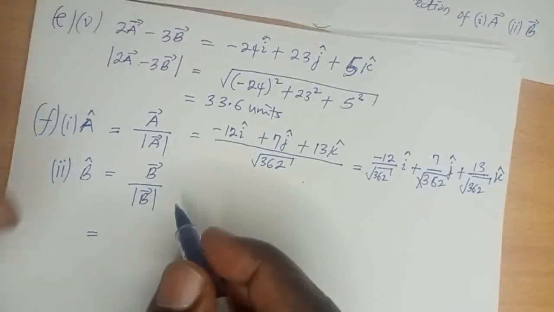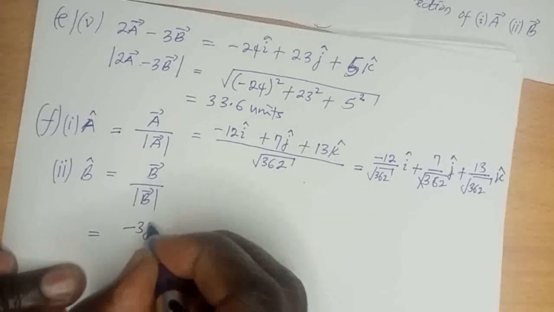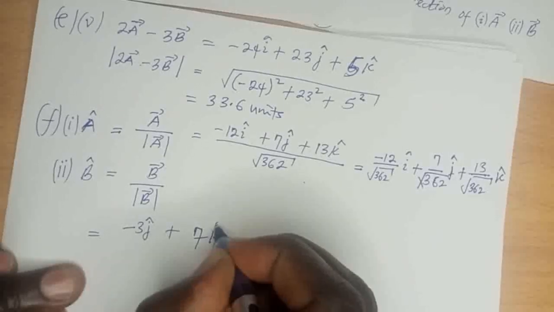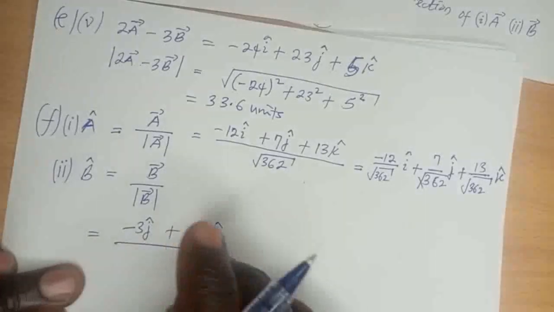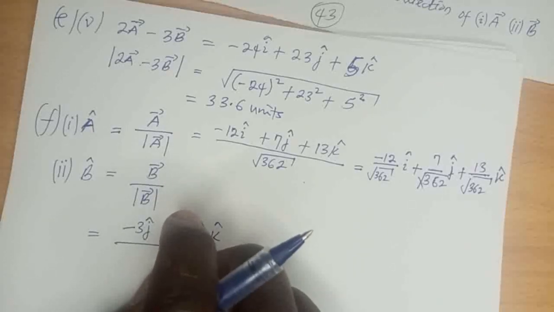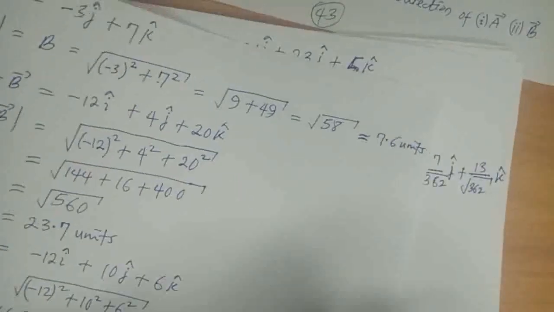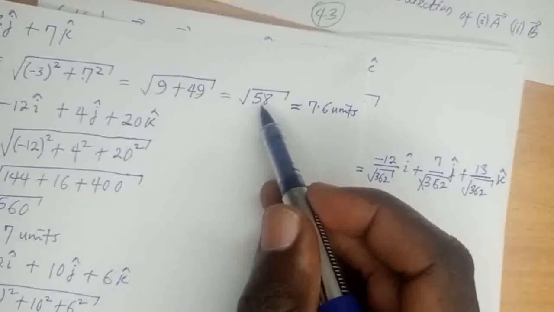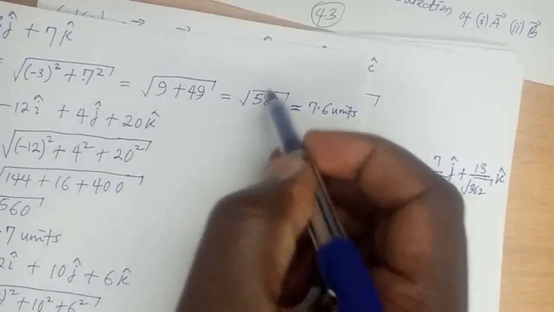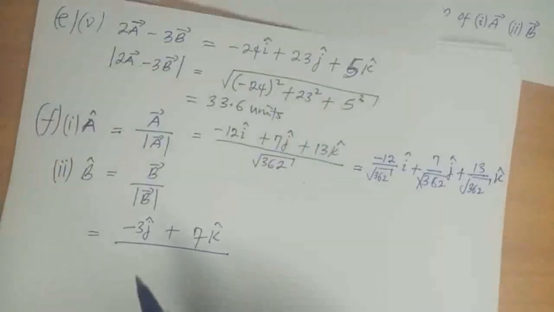Vector b has no component along the x, so I have minus 3 j cap plus 7 k cap divided by the magnitude of vector b. We calculated the magnitude of vector b. What did we obtain? Look at it here. We obtained square root of 58. We approximated it to 7.6. This one is more complete compared to this, so we are taking this and not that, square root of 58.